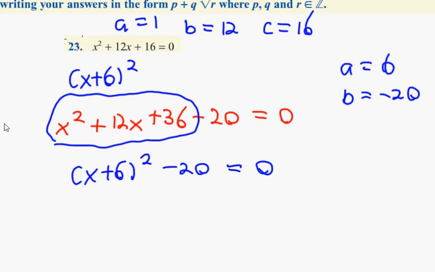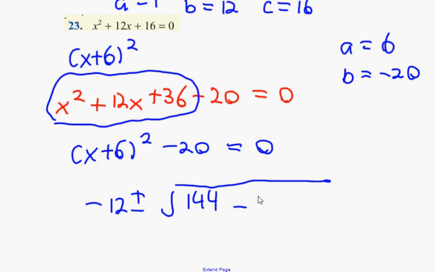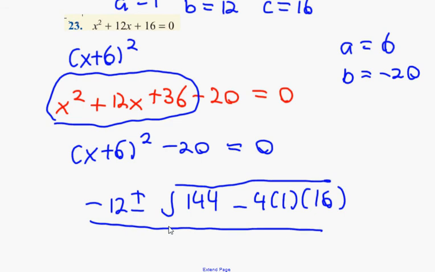So we're going to get the minus b formula: minus 12 plus or minus the square root of b squared, which is 144, minus 4 times a times c, being 16, all divided by 2 times a, which is 2 times 1.